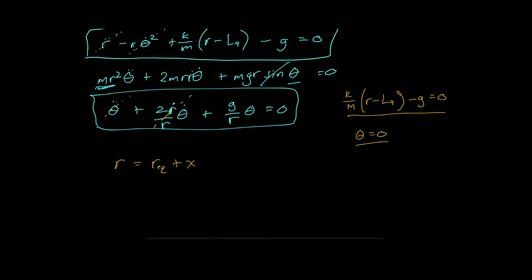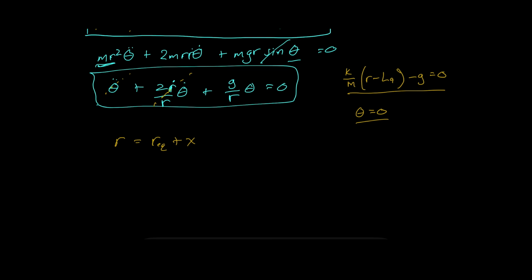Let's do that first, I forgot to do that. So we're getting gm over k plus LA, and that equals r. That's this new equation of our equilibrium position. So this is our r equilibrium, okay?